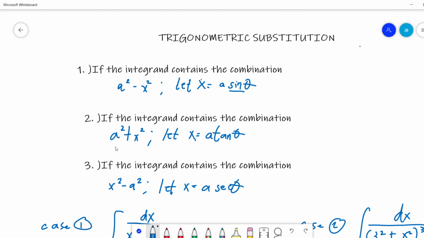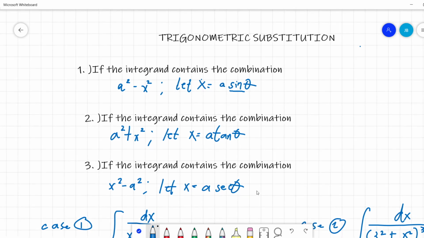For case 2, if you see a squared plus x squared, then you let x as a tan theta. a here is a constant. And if the integrand contains the combination x squared minus a squared, then you let x as a secant theta.